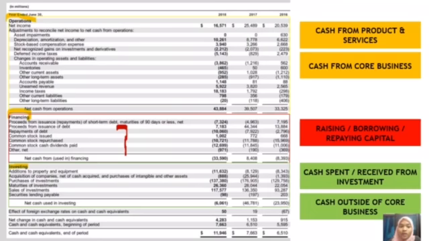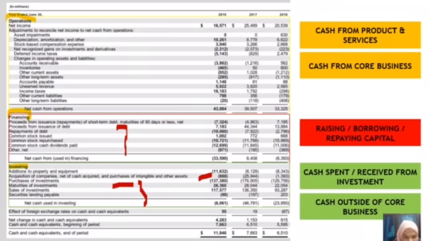In other words, it's outside of the primary business activities of selling products and services. In this section, we can see, for example, the company purchased assets like machines and equipment, or maybe even acquired another business over here.